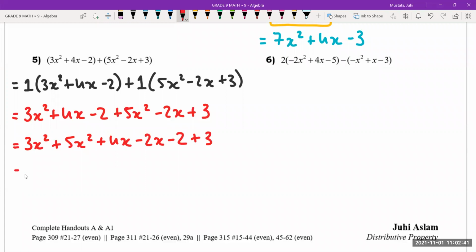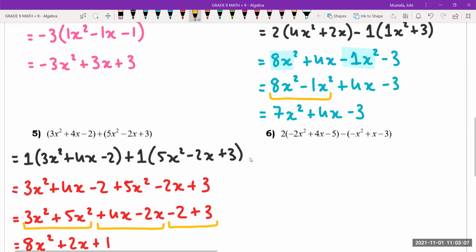Excellent. Julia, you want to keep going and finish it off? Excellent. Perfect. Positive 1. Good. So what Julia did is she recognized that you can add the x squareds together, the x's together, and the constants together, and then that would be your final answer.